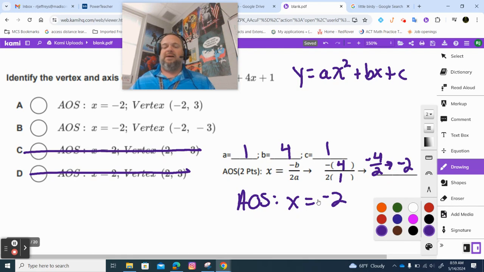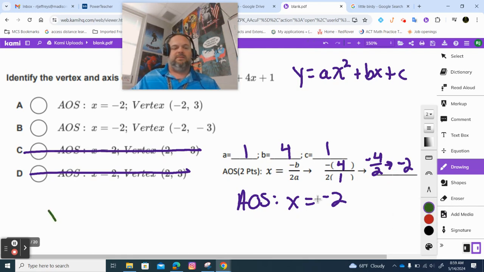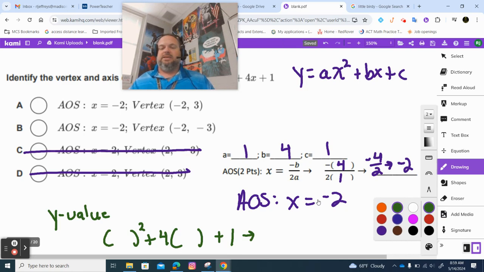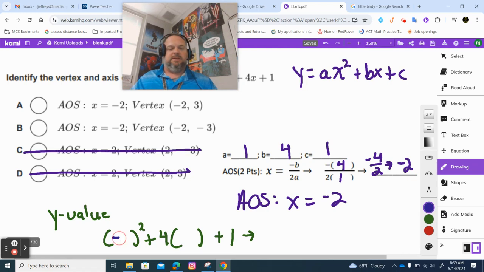Now to get the Y value of the vertex, everywhere we see X up here, we plug in this value that we just had. Okay, so negative 2.